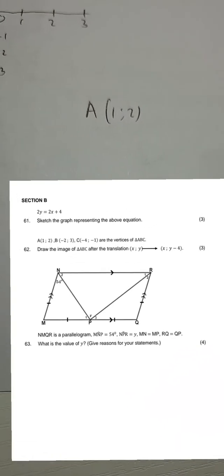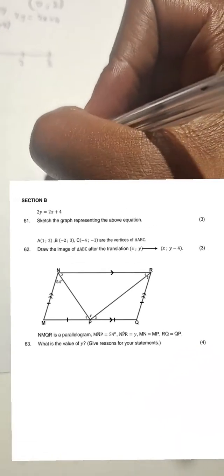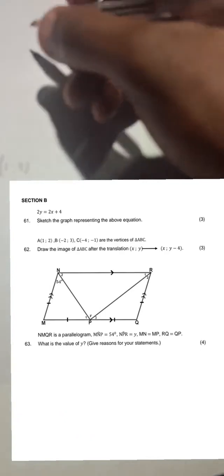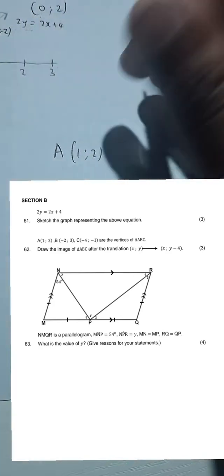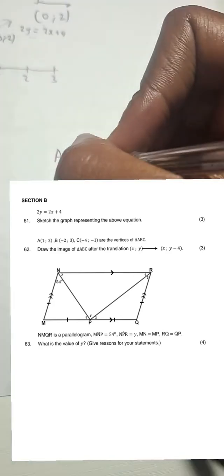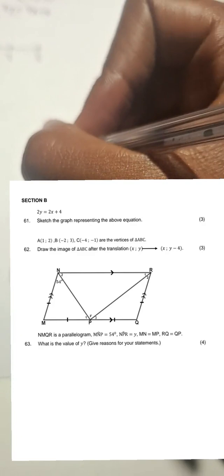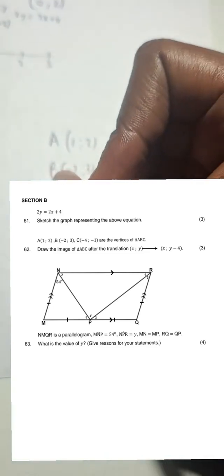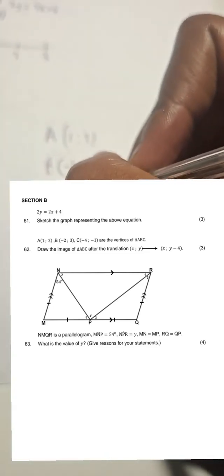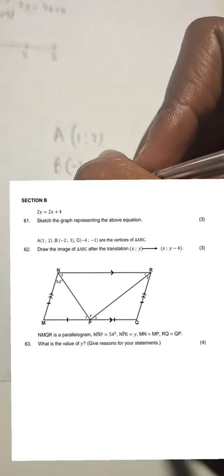Okay, so let's write down the coordinates that we have. We have A, 1 and 2. Okay, let me just do that here. Maybe let's just do it all, and I'll just do it on another page. A, 1 and 2. We have B, -2 and 3. We have C, -4 and -1.